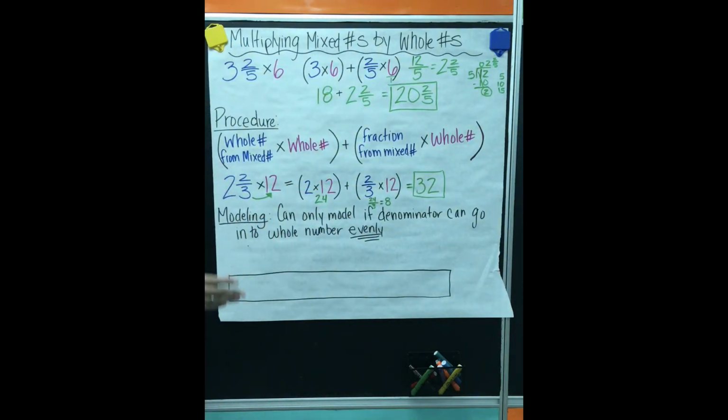That's the same sort of thing when we're multiplying a mixed number by a whole number and we model it. We have to have enough wholes for how many wholes there are going to be, and we have to have one more for the part.